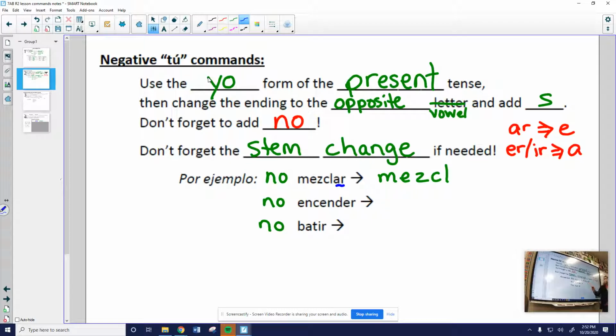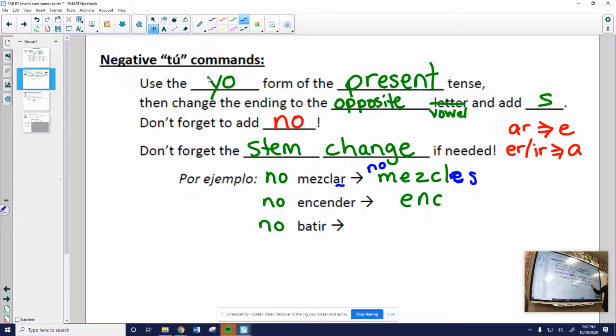This is an AR verb, so the opposite vowel is an E. Don't forget to add no, because these are negative commands. And of course, we have to add an S. No mezcles. This is really ugly. Ay caramba. It'll just have to be ugly. Don't mix in the chocolate chips yet. No mezcles. To say don't turn on the stove, we would use the yo form.